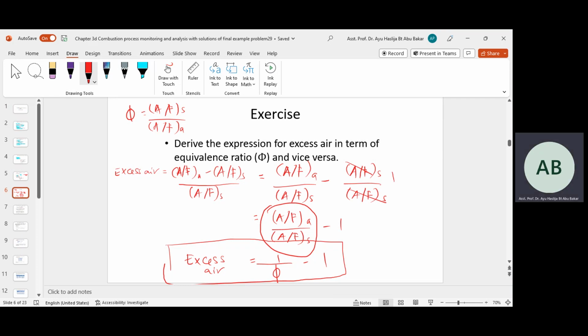If the equation is not given, you can derive it based on the previous equation used. From the excess air equation, you can also get the equivalence ratio values.